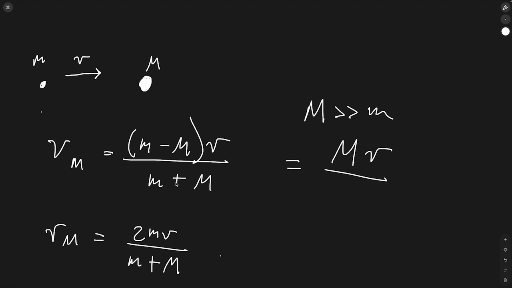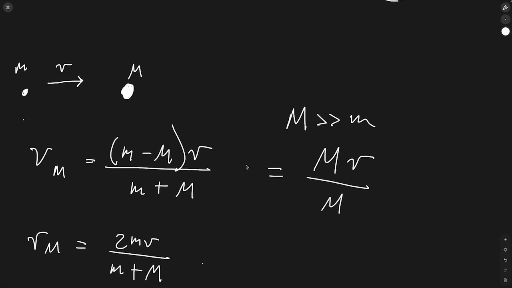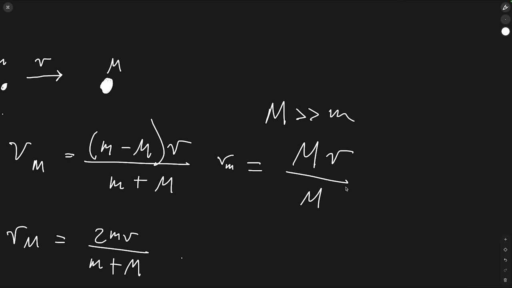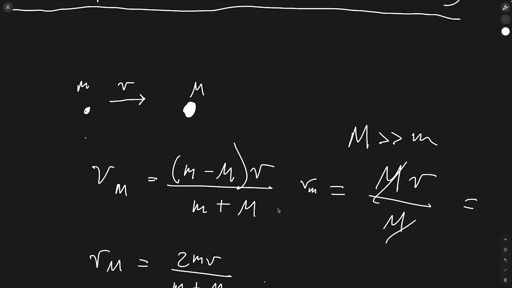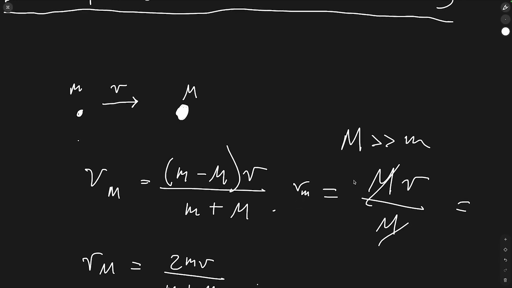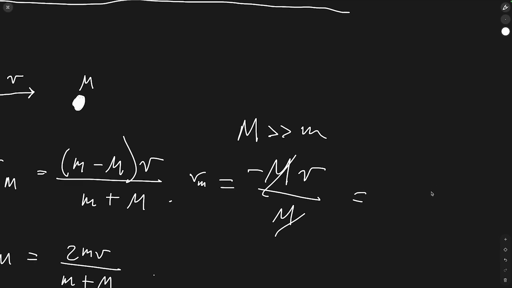And when you add them, the little m is basically 0, so this is also just basically big M. So v little m is v, maybe with a negative sign, because 0 minus big M is negative big M. That makes sense because now it's basically just going in the opposite direction.